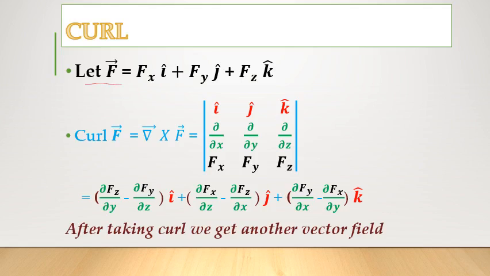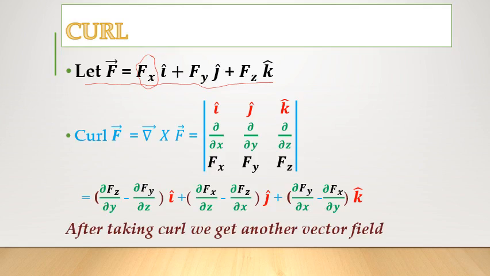Any vector field in Cartesian form can be defined like this: the x component of the field, fx, multiplies i; fy, the y component, multiplies j cap; and the z component multiplies k cap unit vectors.